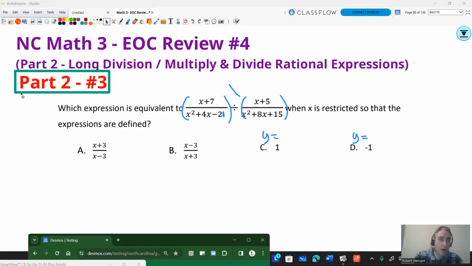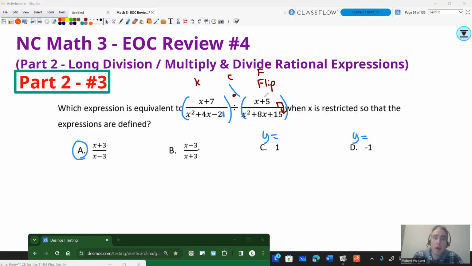Now let's go over how to solve that problem by hand. The first thing we want to do is factor, but before I factor, I've got to keep, change, flip this thing. So I'm going to rewrite this as a multiplication. We keep this, change that to times, and flip, which means I write the reciprocal.